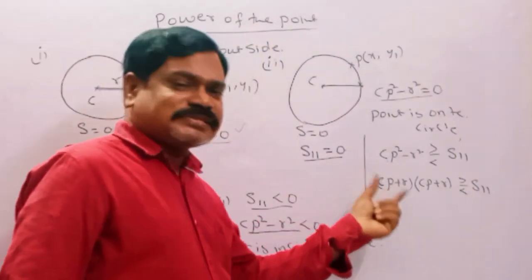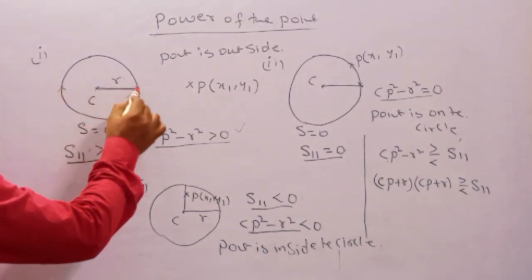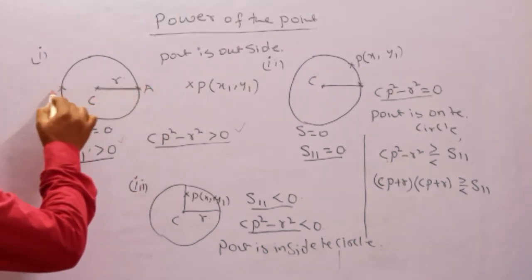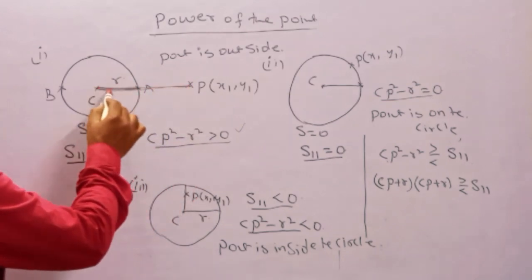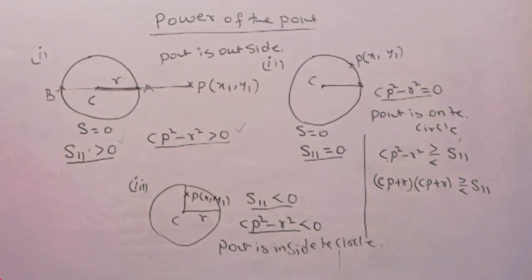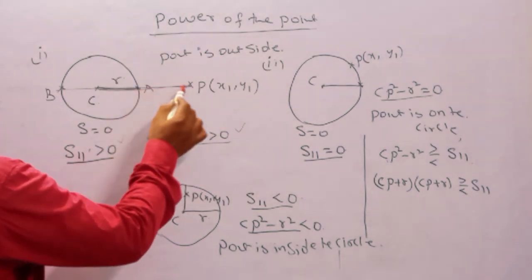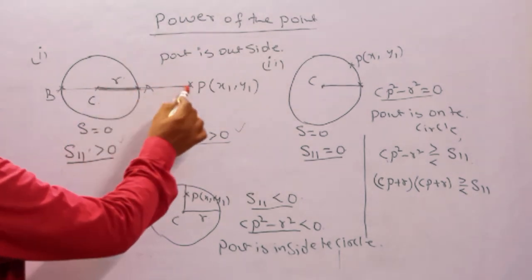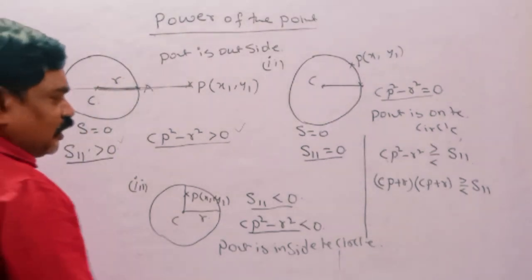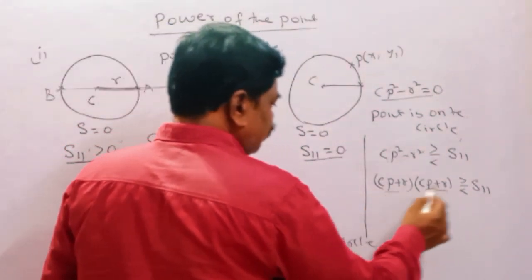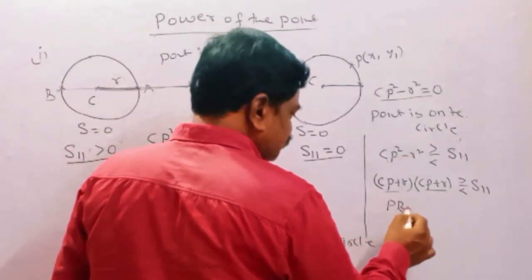Here CP plus R is the longest distance. Suppose this is the point A and this is the point B. Then PA is equal to CP minus R, the shortest distance, and PB is equal to CP plus R, the longest distance.